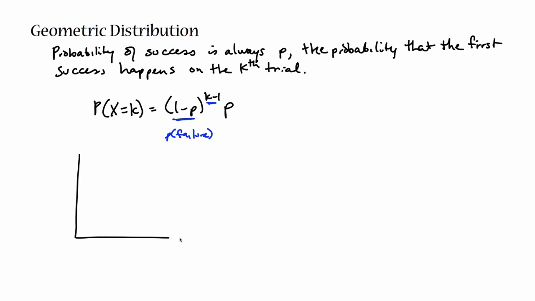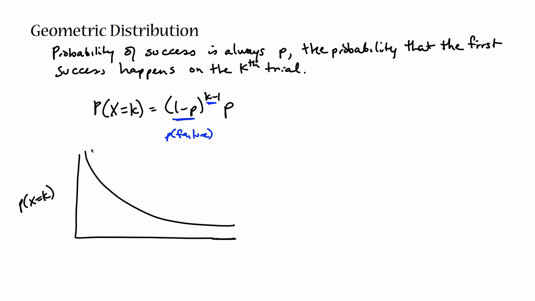So those distributions, P(X = k), they tend to look like this, right? For any given value of p, for any probability of success, you're more likely to have your first success early than you are to have your first success late.